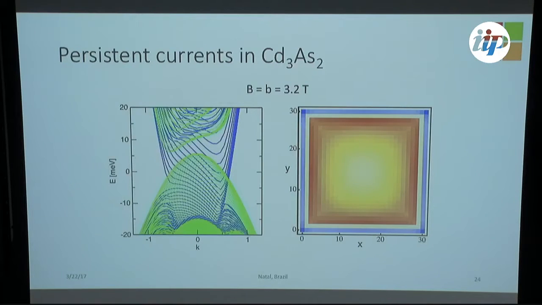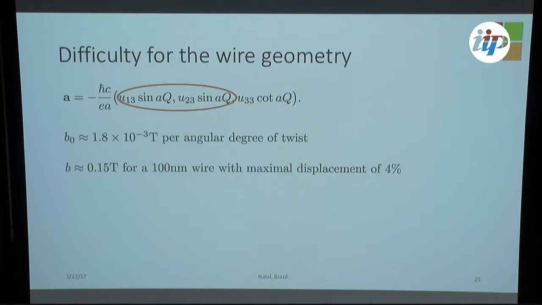So here the two dispersions are for two spin sectors. And here I also come back to your question about the magnitude. For this torsion you need quite a huge torsion to get sizable magnetic fields.